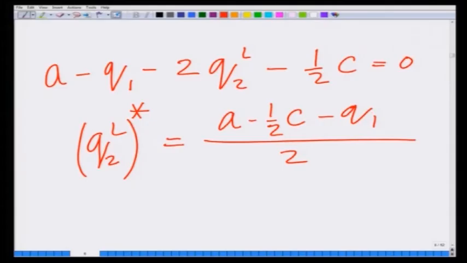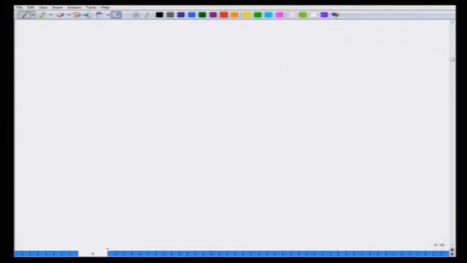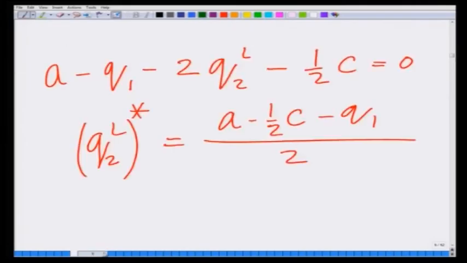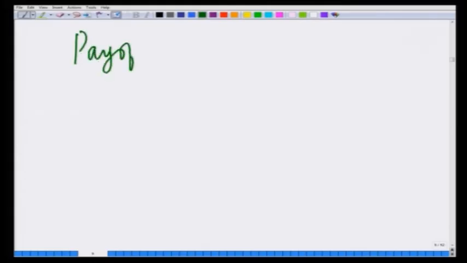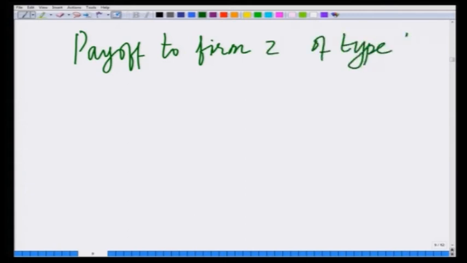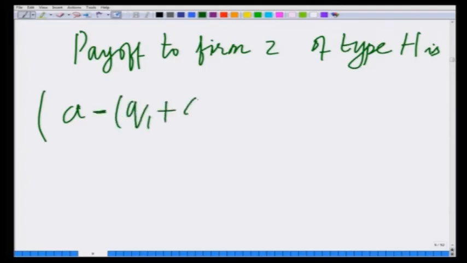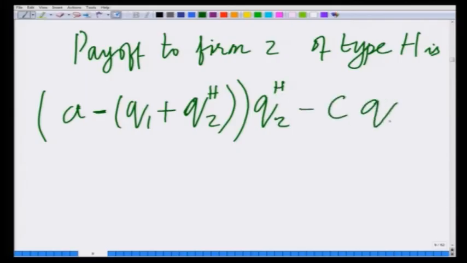Now, similarly, the payoff to firm 2 of type H is the price, which is A minus Q1 plus Q2H, times Q2H.